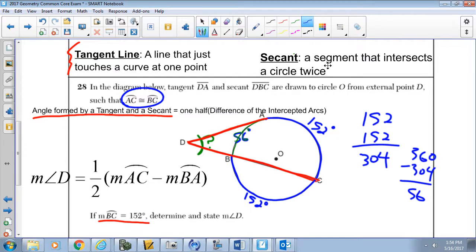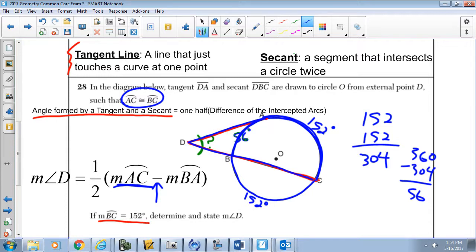Difference means subtract. That's why we have subtract here. Our intercepted arcs are AC, which is this one, and BA, which is this one. These are the two arcs that get intercepted by the tangent and the secant.